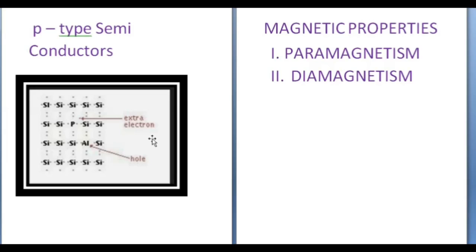Now, what is paramagnetism? These are substances which are weakly attracted when placed in an external magnetic field due to the presence of unpaired electrons in ions, atoms or molecules of those substances. The unpaired electrons have a magnetic moment, but their random orientation cancels each other's effect.